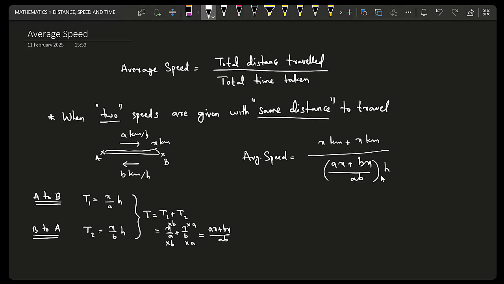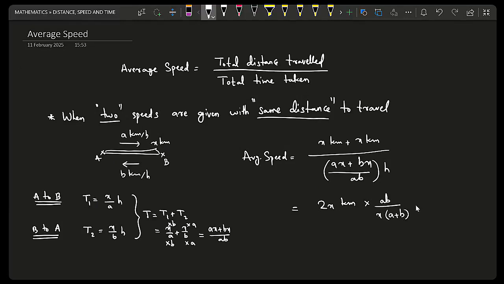Okay, now let us simplify. x plus x is going to be 2x kilometers, and there is a fraction in the denominator. We can take the reciprocal, that is ab divided by ax plus bx. You can take x common, so a plus b will remain inside the bracket.